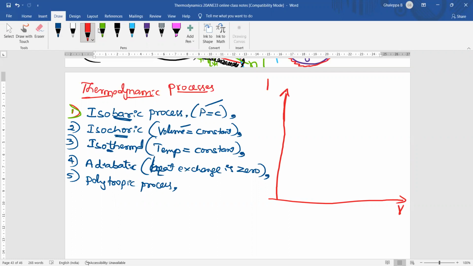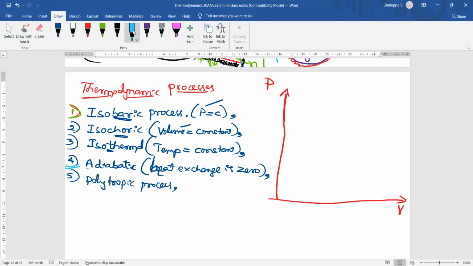Pressure versus volume diagram. One more diagram will come, that is the TS diagram. What is TS? T for temperature, S for entropy. I need to tell one more point here when it comes to entropy. Dear students, look at point number 4.